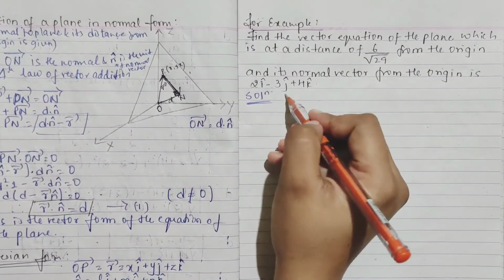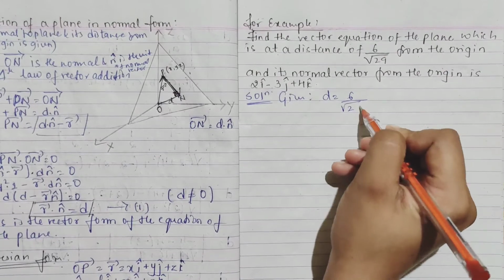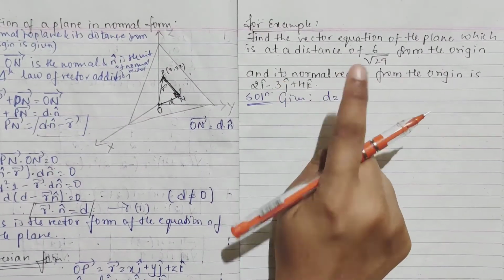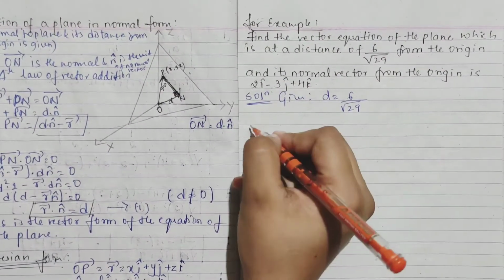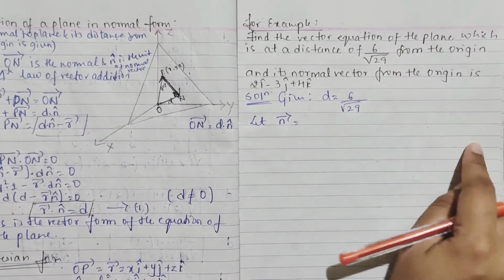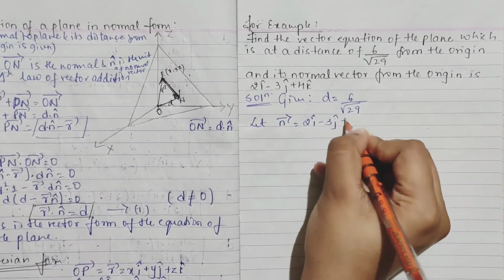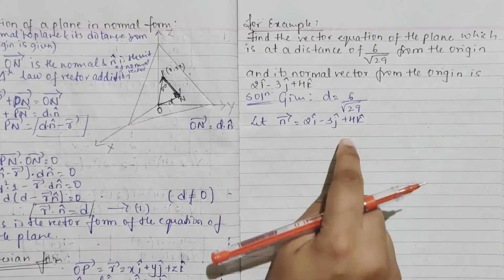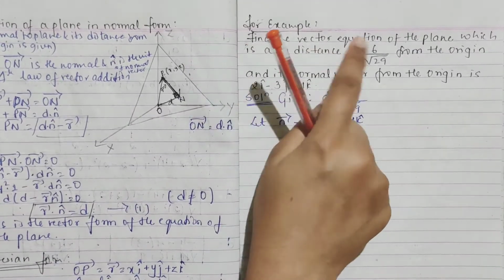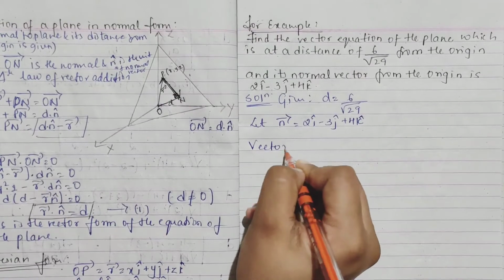So here they have given the distance d as 6 by root 29, and they have given the normal vector as 2 i cap minus 3 j cap plus 4 k cap. They are asking you to find the vector equation, and we know how the vector equation is given.